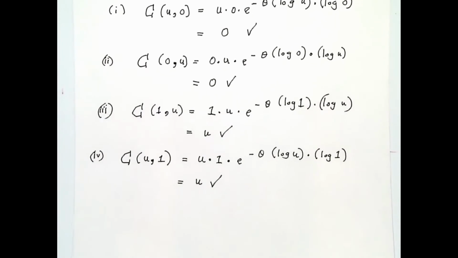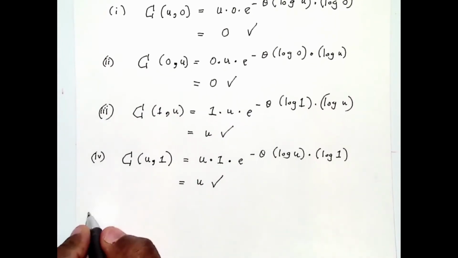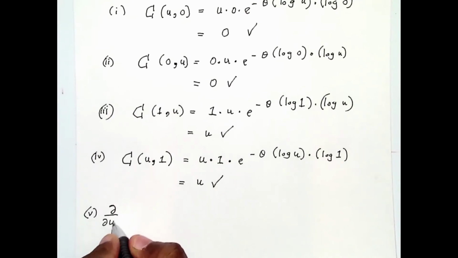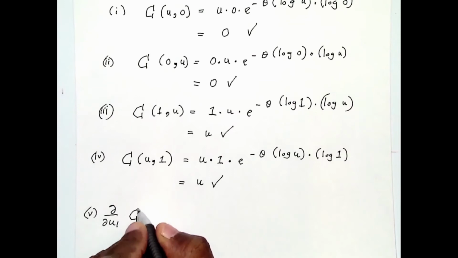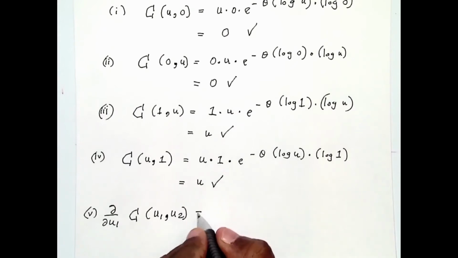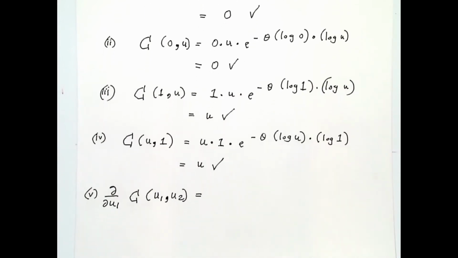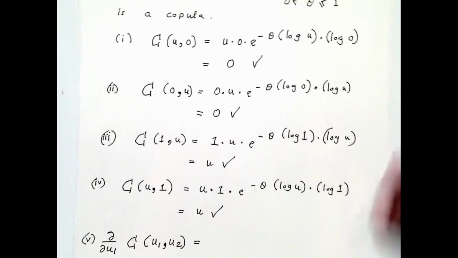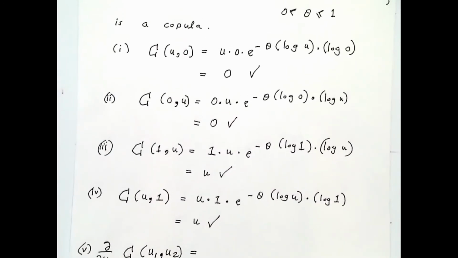Right? Now condition 5, we need to do the partial differentiation with respect to u1. Like this. Right, now to do the partial derivative you need to use the product rule, because you are dealing with this term here, right?